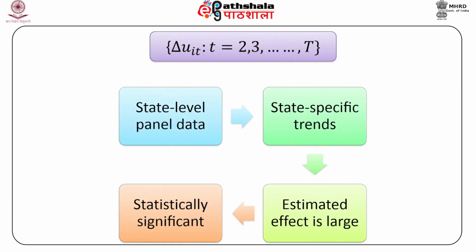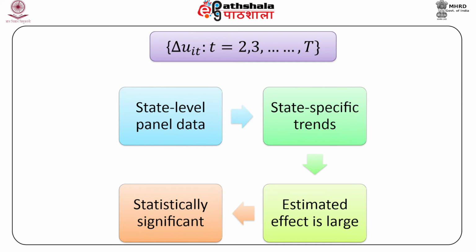Now, depending upon the properties of delta Uit, where t ranges from 2 to capital T, we can decide whether to use fixed effects or first differencing. Friedberg in 1998 provides an example using state level panel data on divorce rates and divorce laws.